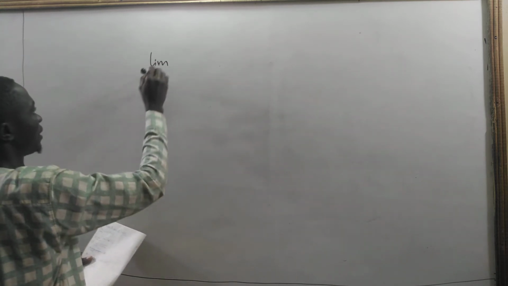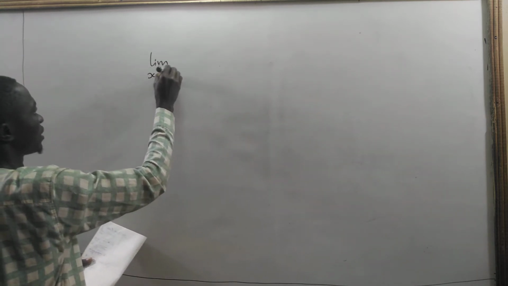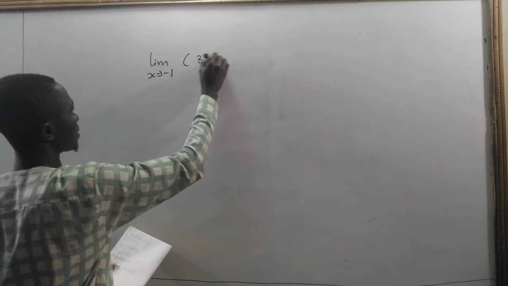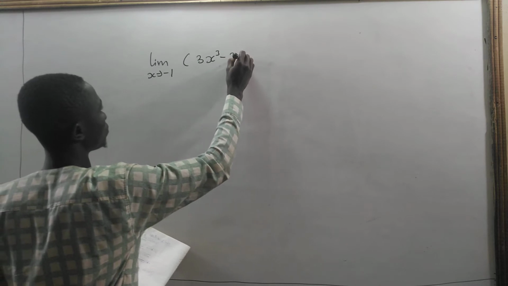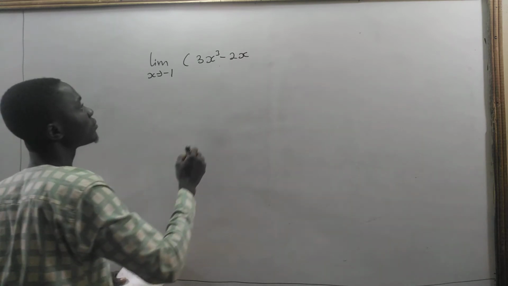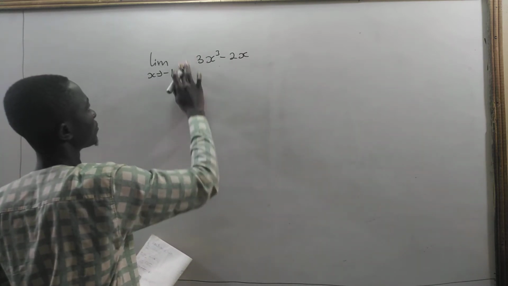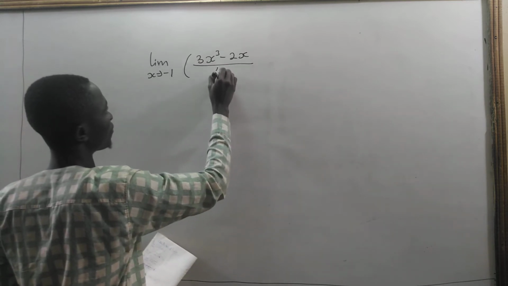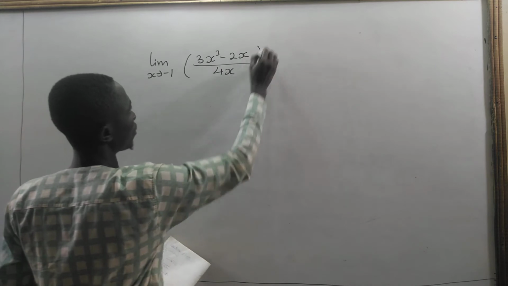Let's take example 4. Example 4, we are going to consider the limit as x approaches -1 of 3x cubed minus 2x divided by 4x, all squared.